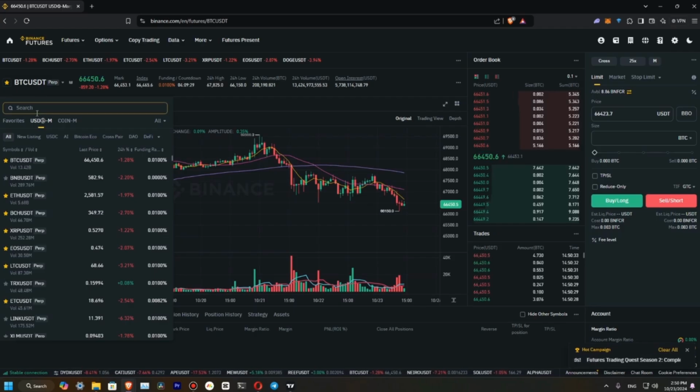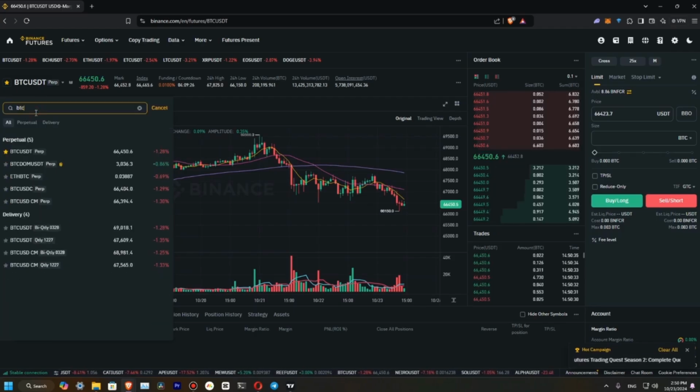Over here, you can type Bitcoin, BTC, and you can see that this is our unexpirable futures. And over here, you can see there is a quarterly delivery and next quarterly delivery. What does it mean? Expiry-based contracts have an expiration date. For example, you could buy a contract on Bitcoin with an expiration in the third quarter of 2024.